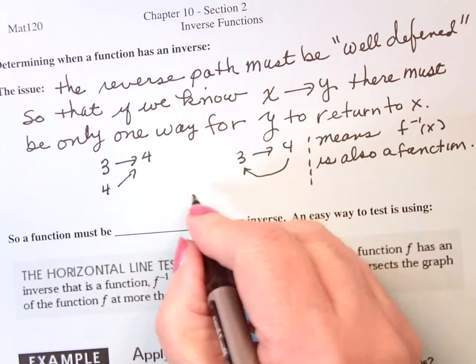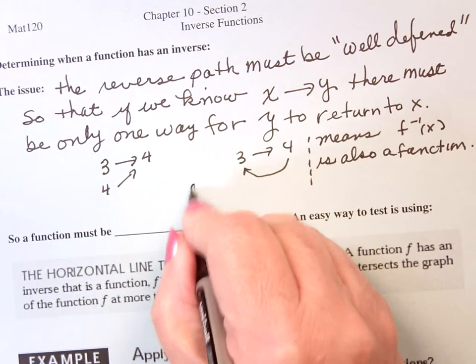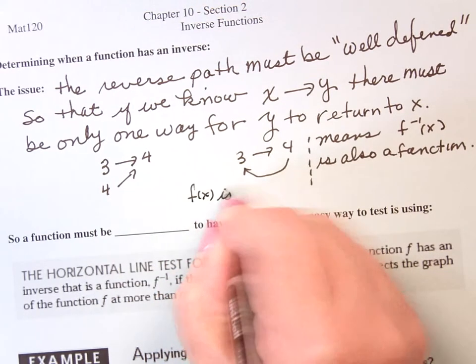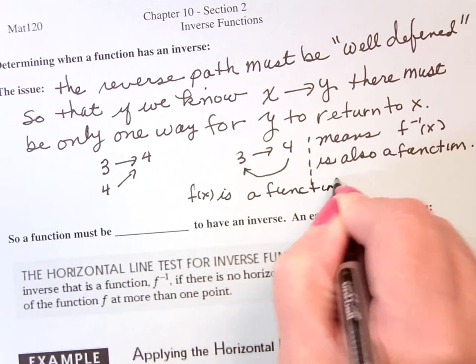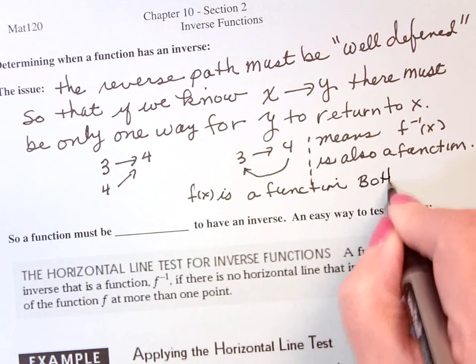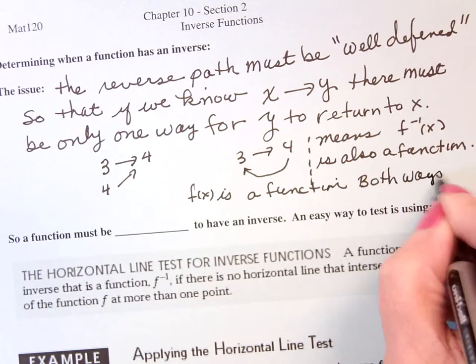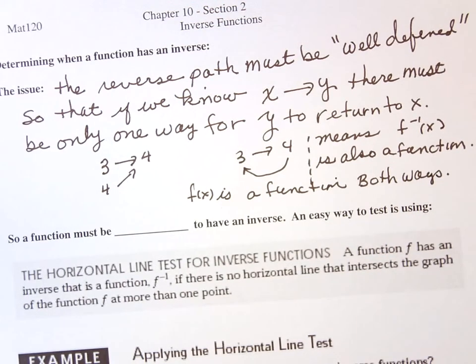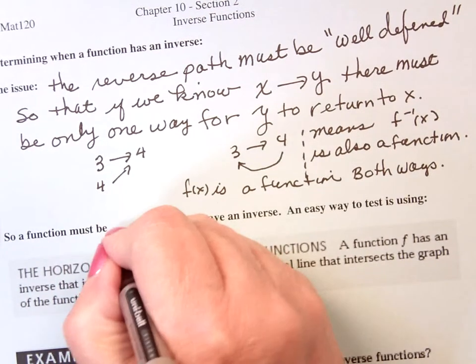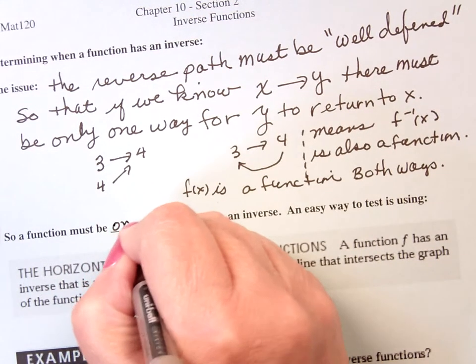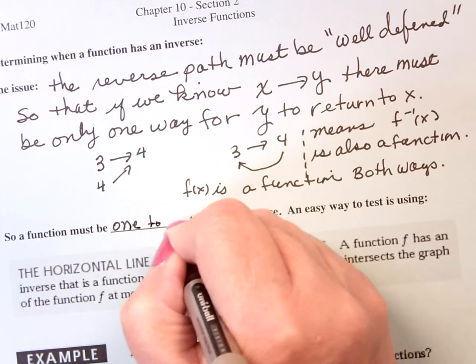So f of x is a function both ways. Now, what we say is this: a function must be 1 to 1.